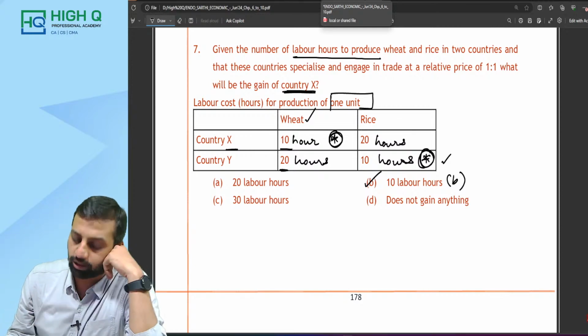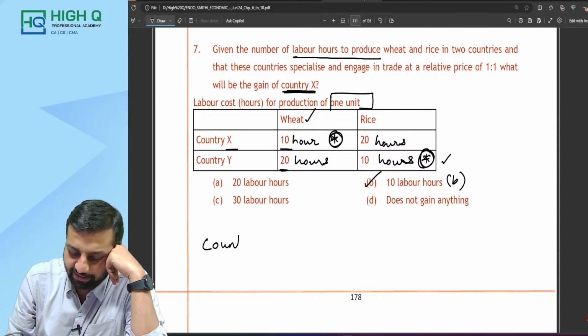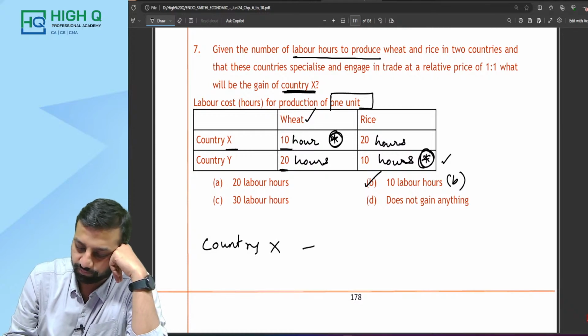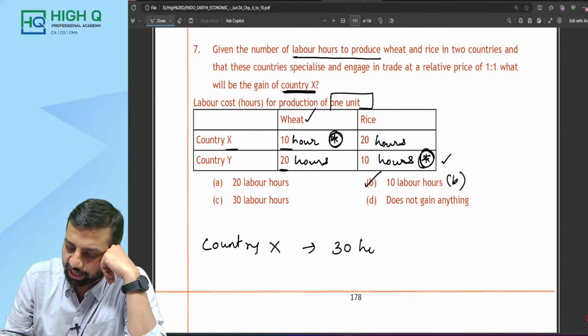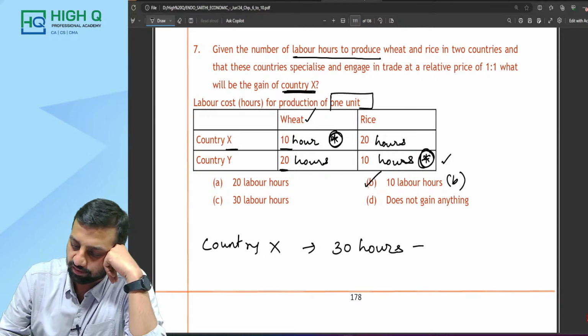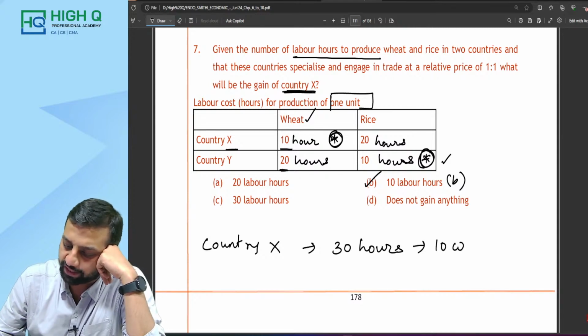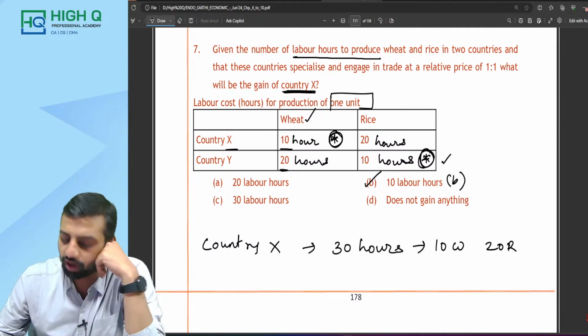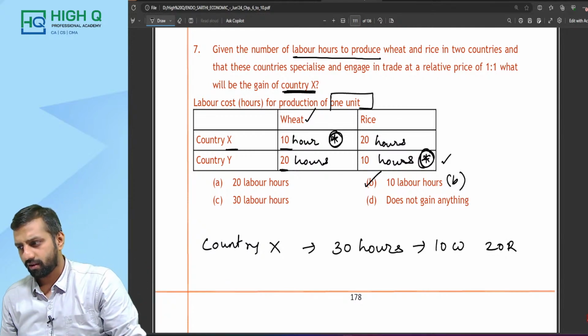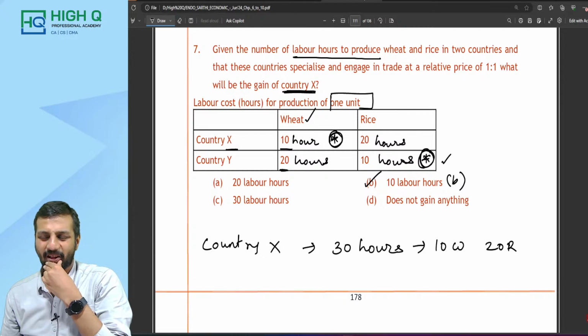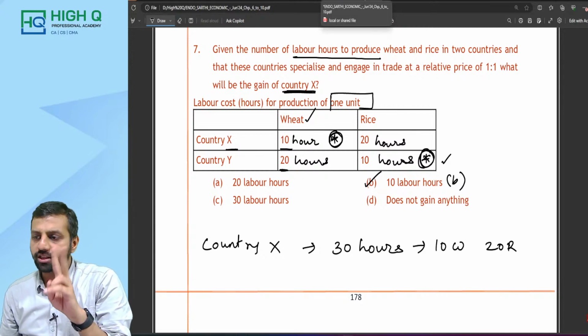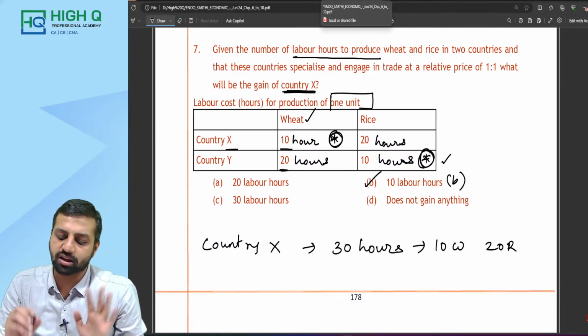Yes or no, Faridul? Country X, 30 hours, 10 for wheat and 20 for rice. Do you agree? So for 2 units, one of wheat and one of rice, total hours required is 30.